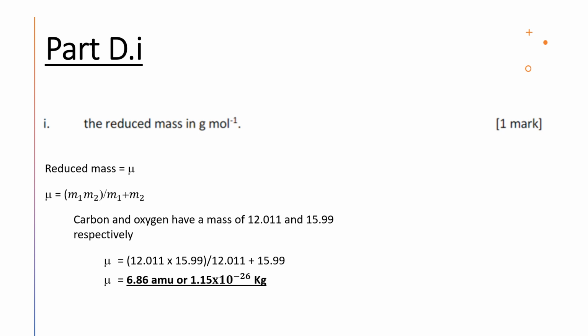Plugging those numbers into the equation gives mu as 6.86 AMU, or 1.15 times 10 to the minus 26 kilograms. To convert to kilograms, I multiplied 6.86 by 1.67 times 10 to the minus 27, because kilograms make the equation in part 3 much easier and more digestible.